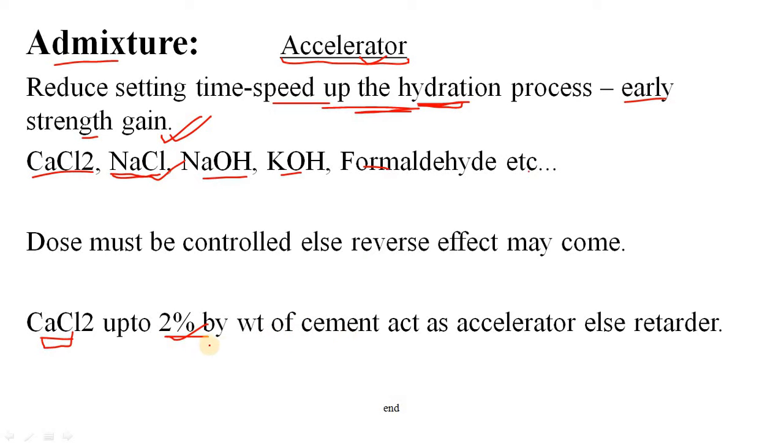But if you use more than that, say 3 kg instead of 2 kg, the action will simply be reversed. That means it will act as a retarder. That's why the dose must be controlled during use of admixture, okay, otherwise this will happen: calcium chloride, instead of acting as an accelerator, will start to act as a retarder.